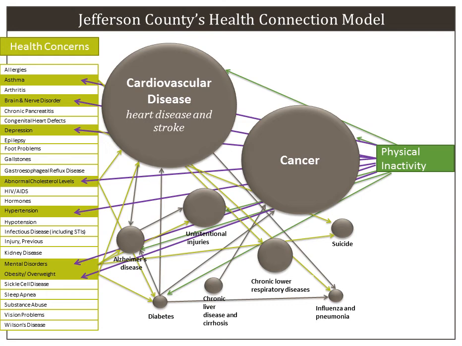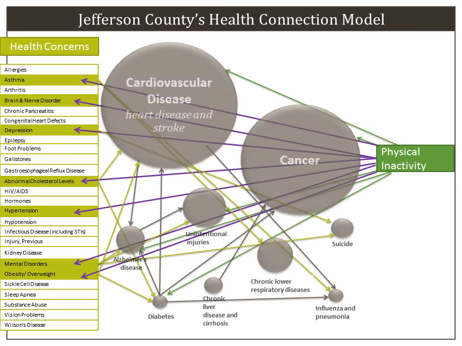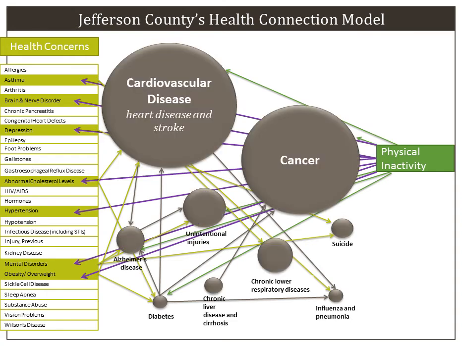Here we can see that just one risk factor, physical inactivity, is connected to many health conditions and to all 10 of our top causes of death. And the Health Connections model does not stop here. These new black lines show how the causes of death are also known risk factors for the development of other health conditions.